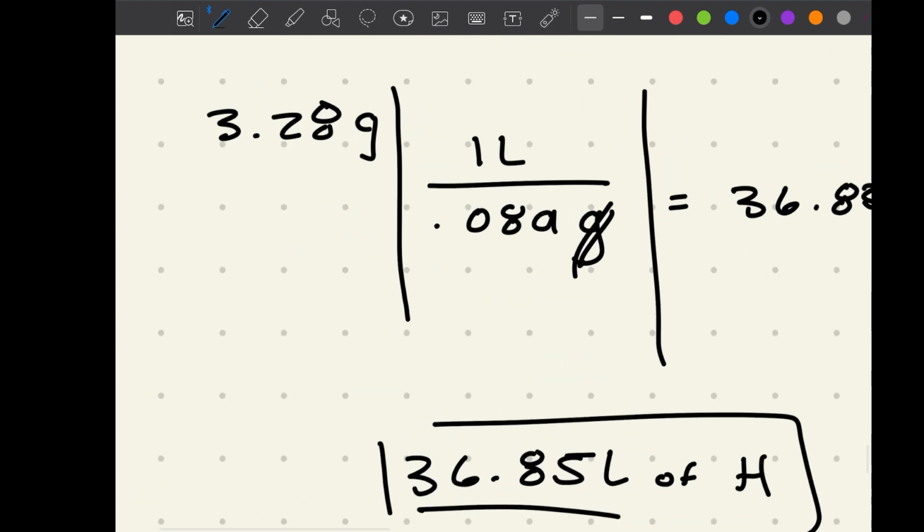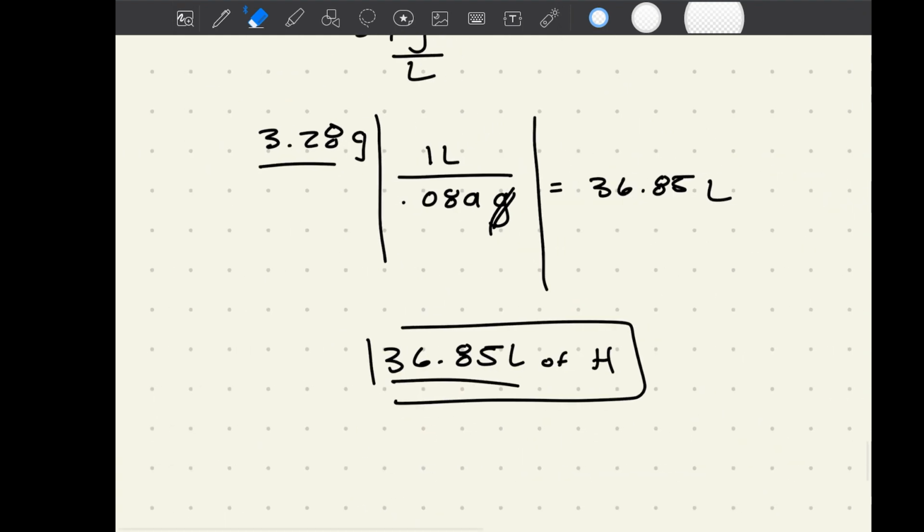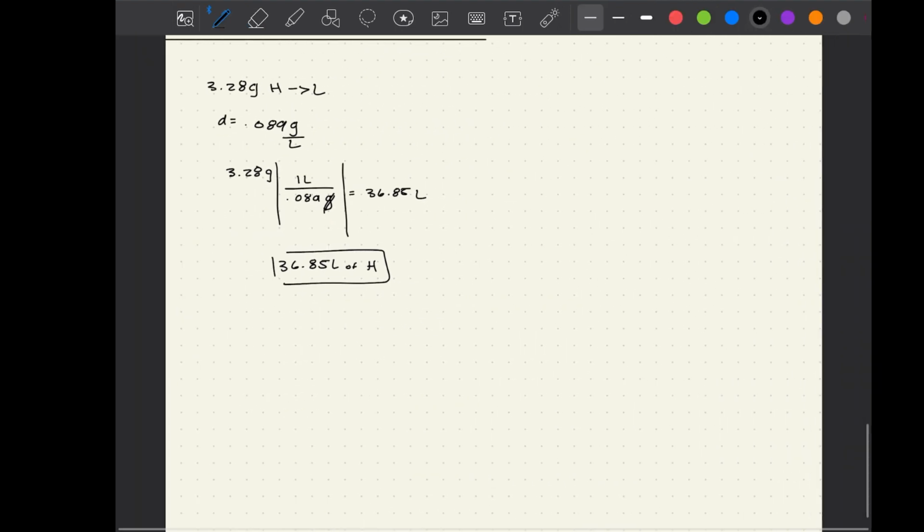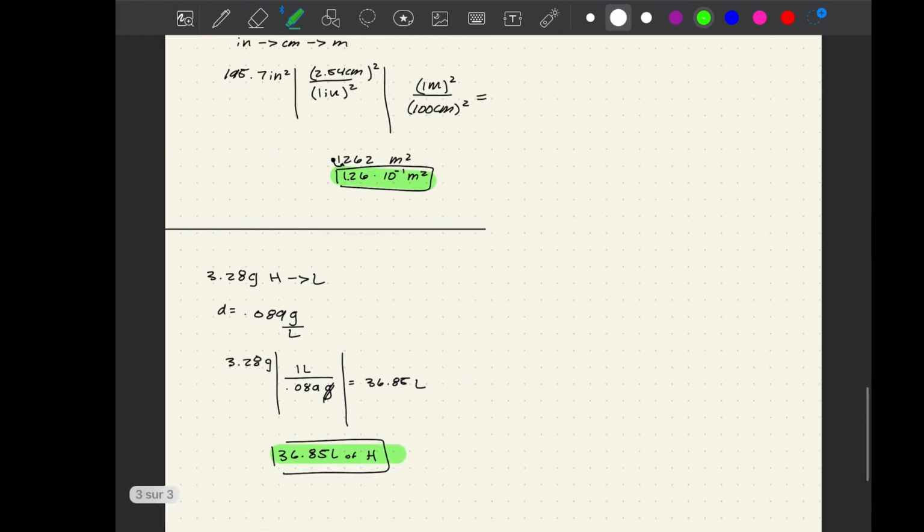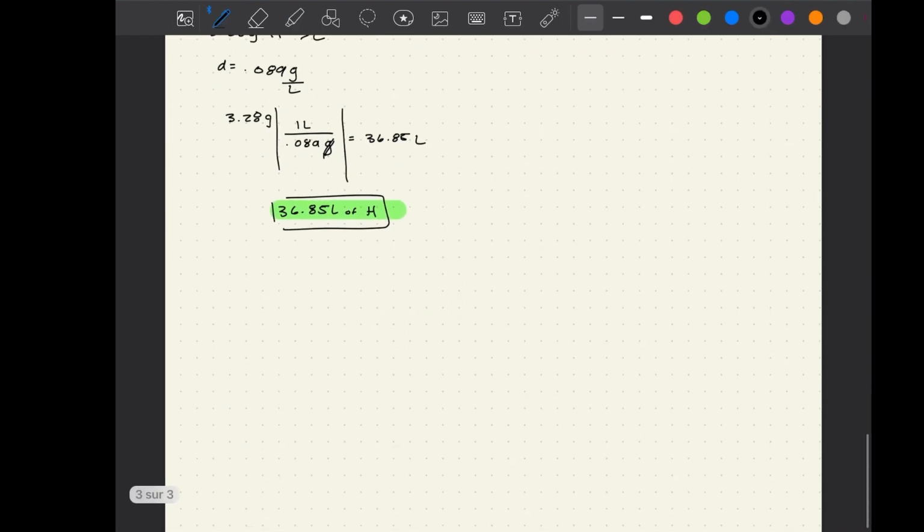The mass of that is 3.28 grams, in simpler terms, basically. We can highlight the answer here. We can move on to the next question, which is very similar.